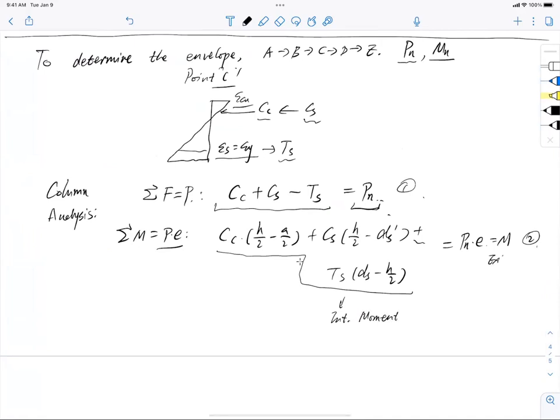Correspondingly, the internal axial load on the left equals the external axial load on the right. That, ladies and gentlemen, is the way to find the axial forces and the compression inside.